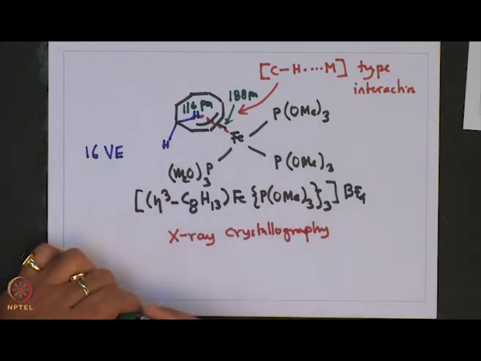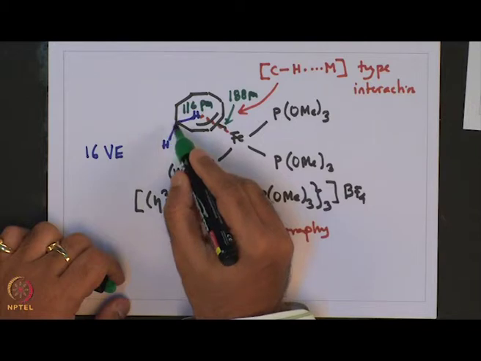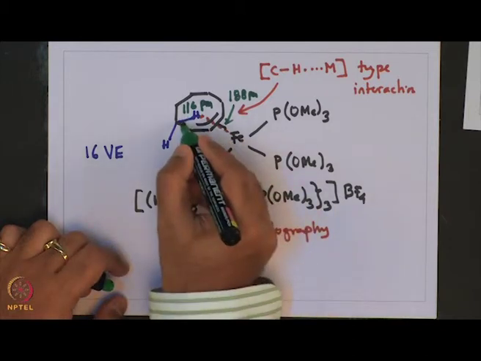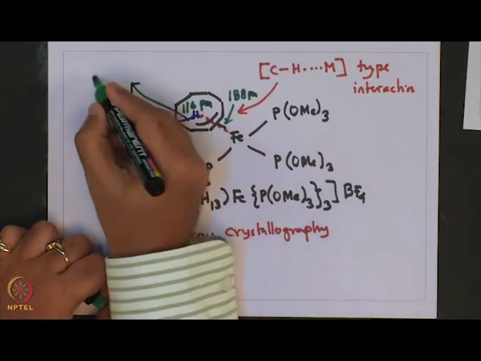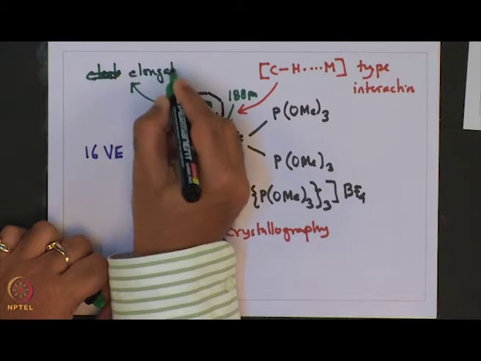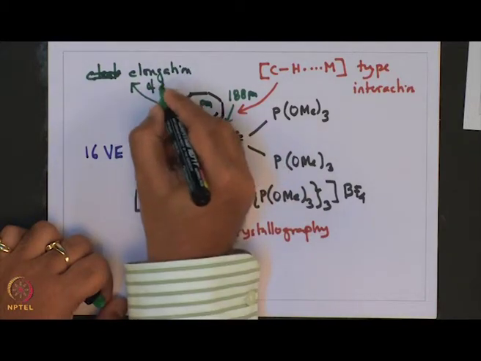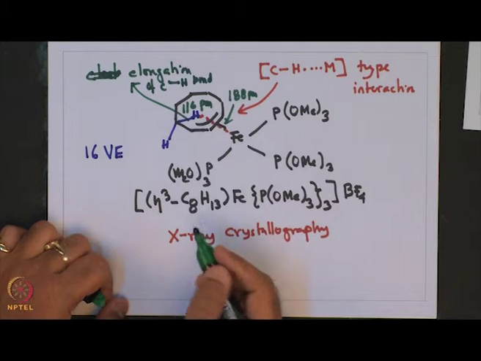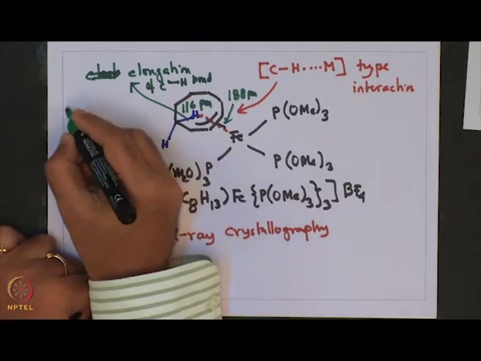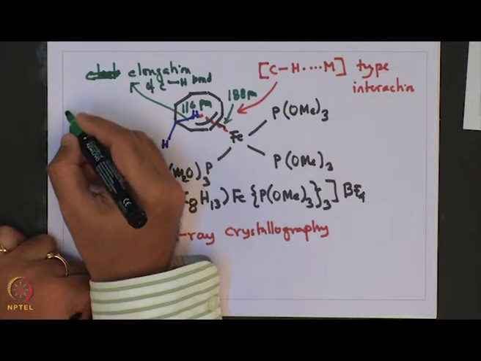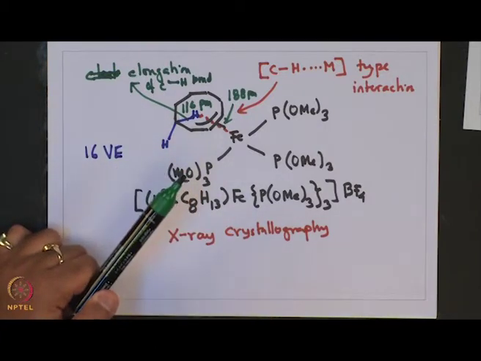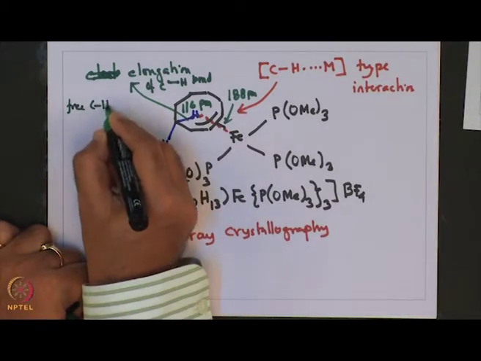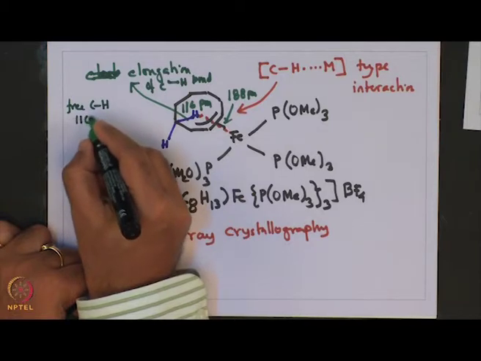Now, this interaction of the CH bond with the metal leads to elongation of the CH bond to 116 picometer, whereas a free CH bond which is not involved in agostic interaction has a distance of about 110 picometer.